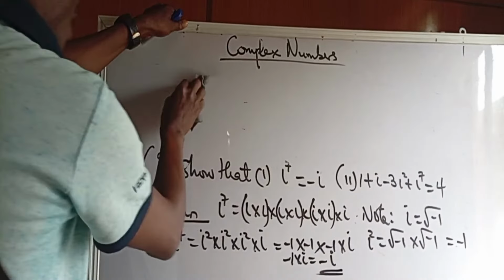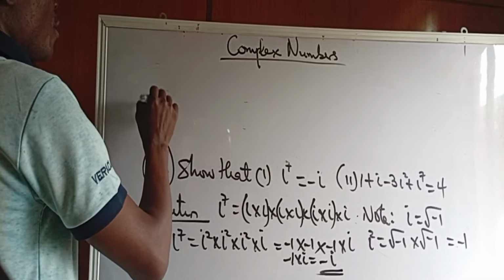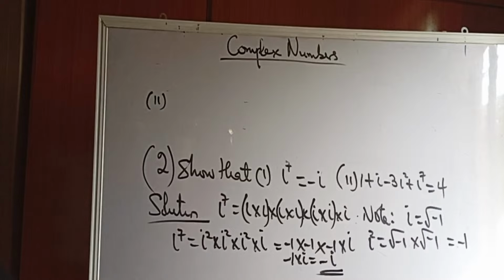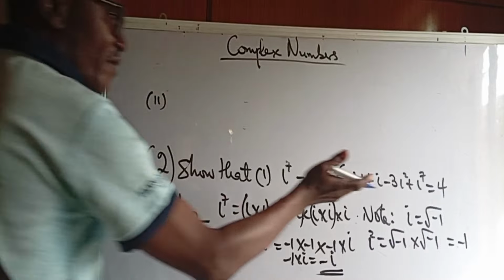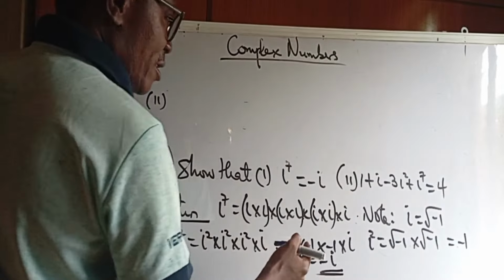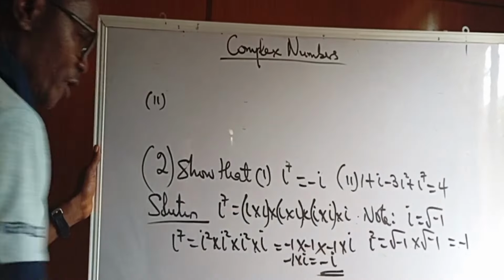We are asked to evaluate 1 plus I minus 3I squared plus I raised to power 7, which is equal to 4. We are asked to show that the result of this is equal to 4. Very, very simple. Luckily enough, we have gotten I raised to power 7 from the first example. Now we can easily plug in the value of I raised to power 7 there.